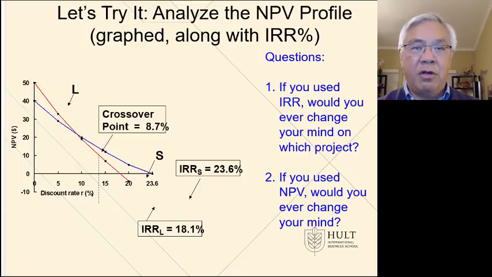If it's lower than 8.7%, then L is better. So this is one of the differences between NPV and IRR, that because of the different discount rates, we can actually compute the point at which one project is superior to the other. So in this case, if the discount rate changes, we may change our mind whether we recommend L or S.